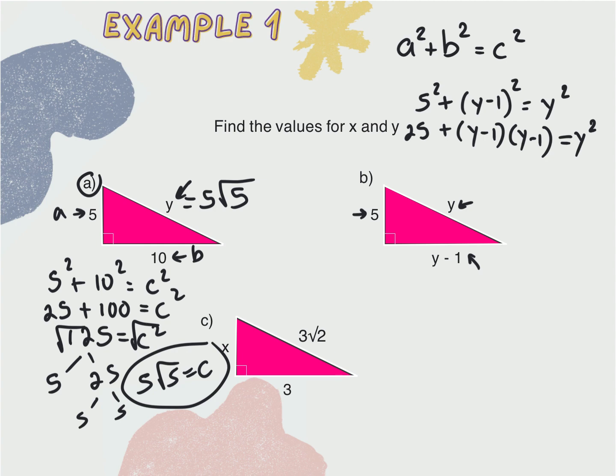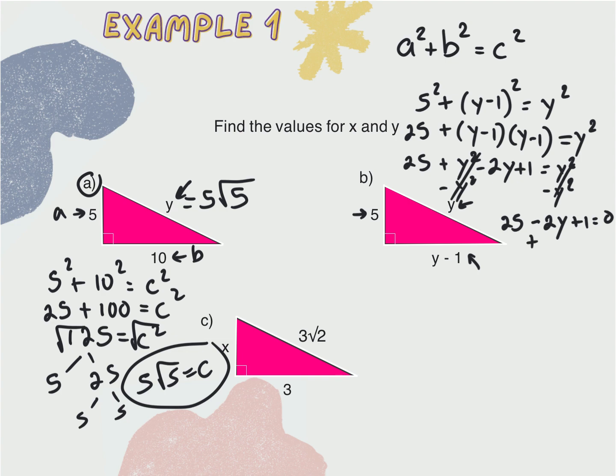I'm going to FOIL this, and it's going to give me 25 plus y squared minus 2y plus 1 is equal to y squared. Now I can subtract y squared from both sides, and they happen to cancel out. So I'm left with 25 minus 2y plus 1 is equal to 0.